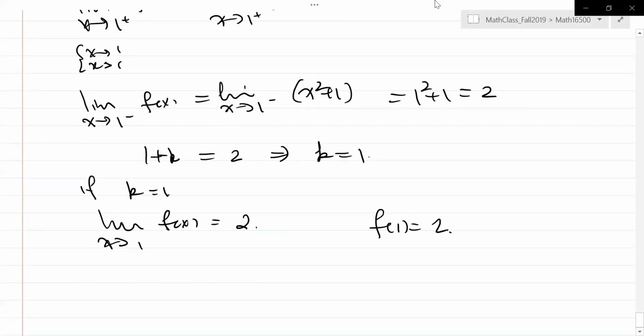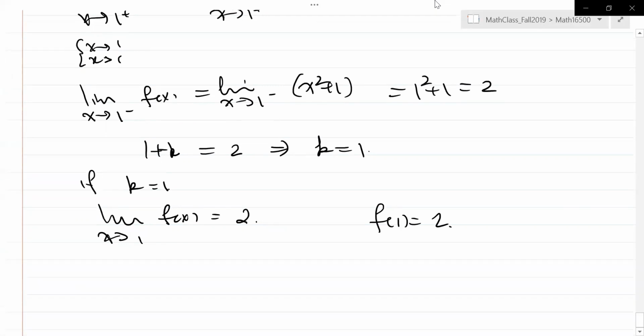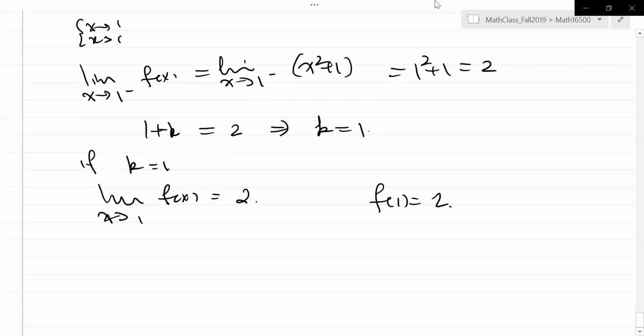Notice that the value of the function at 1 is defined. Actually, it's given by the second piece, and it's going to be 2 because k equals 1.